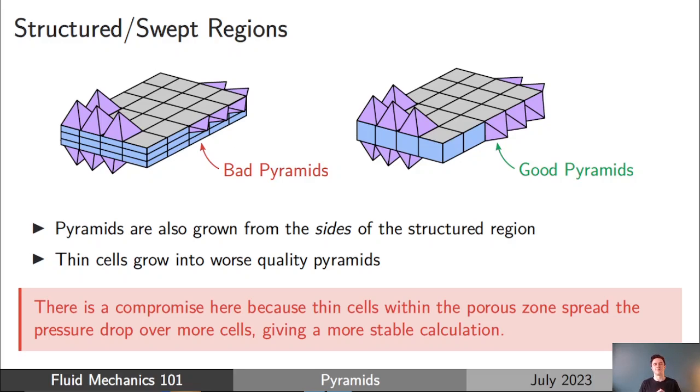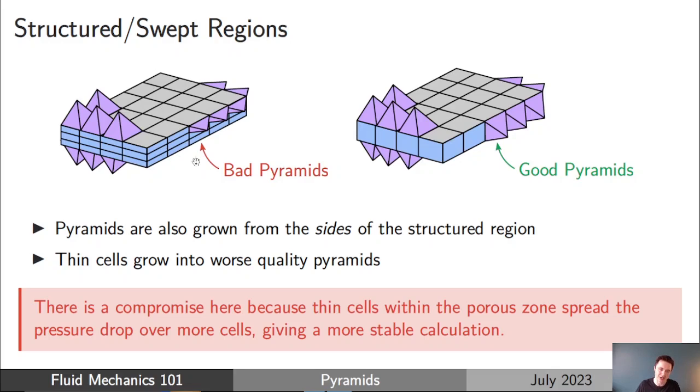And this is where a really interesting compromise arises, and is one of the key points I wanted to get to in this talk, is that if you do have a porous region in your mesh that you're representing with a region of structured mesh, of course a swept mesh approach is really good here, because all of the cells are going to be aligned with the intended flow direction and the pressure drop that's going to be applied by the porous zone.